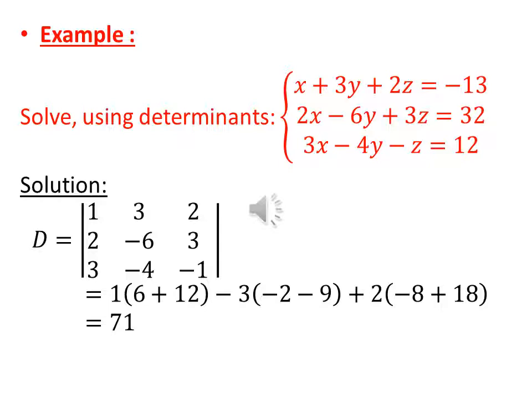A determinant can be determined by its order, and the determinant may be of order 2 or order 3. For a determinant, there are rows and columns. The number of rows must be equal to the number of columns.